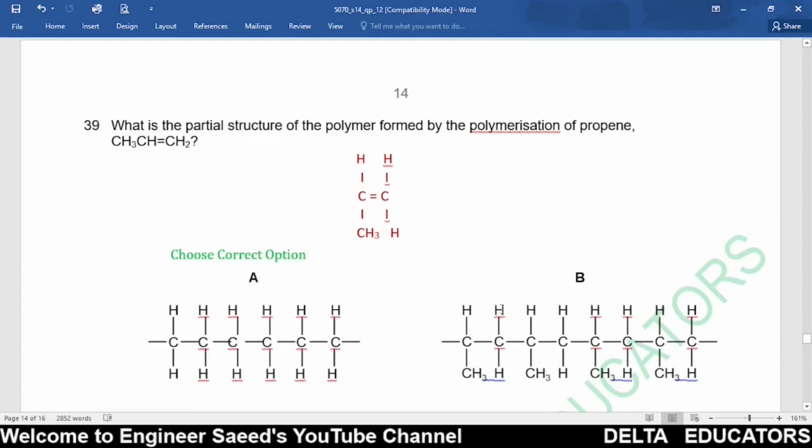With this second carbon we have hydrogen and hydrogen. So this option is correct, because in this polymer the monomer unit is the same as shown here and it is repeated. Same thing here, then again the same thing here. So option B is our correct option.